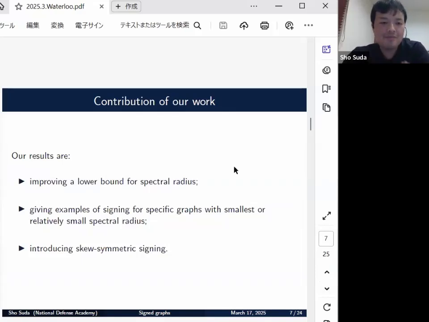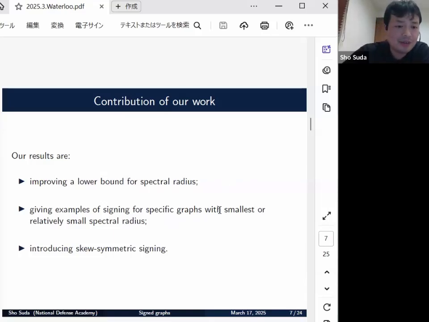So in this talk, I want to show our results, and they are divided into 3 parts. The first one is improving a lower bound for the spectral radius. I haven't mentioned the lower bound yet, but I will explain it in a few slides.